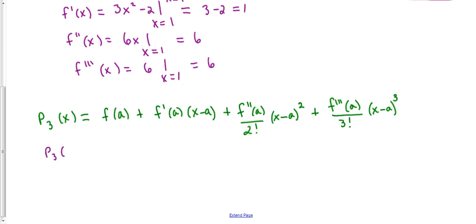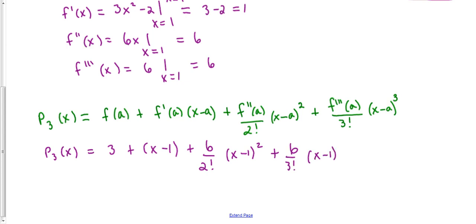So P3 of x is going to be equal to f of a, or in this case f of 1, which is going to give us 3, plus f prime of 1, which is 1, times x minus 1, plus f double prime at 1, which is going to give us 6, over 2 factorial times x minus 1 squared, plus our third derivative, which is going to give us 6 over 3 factorial times x minus 1 cubed.